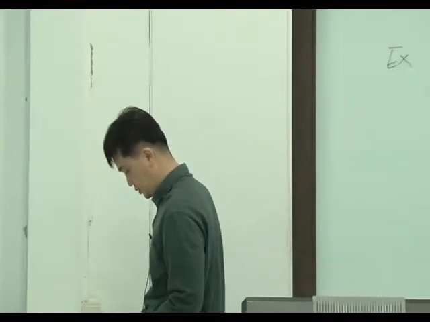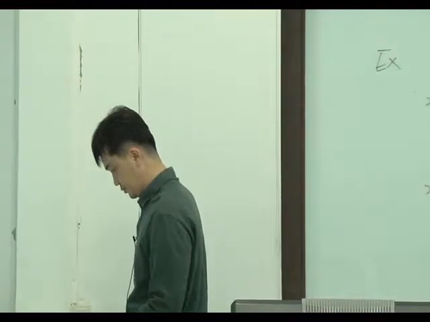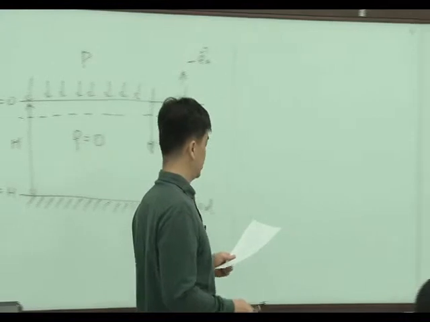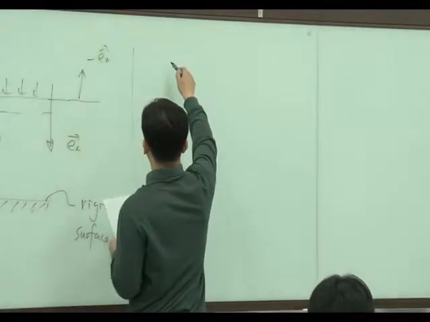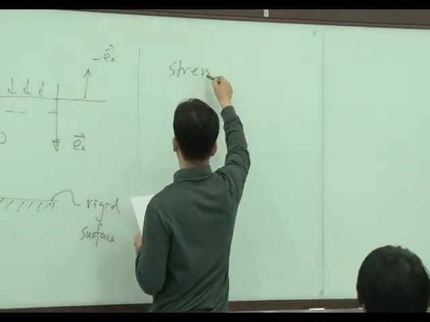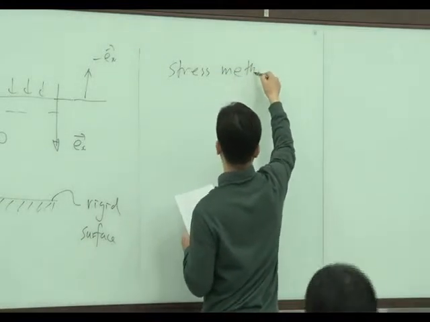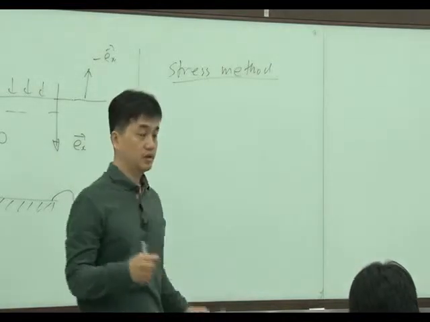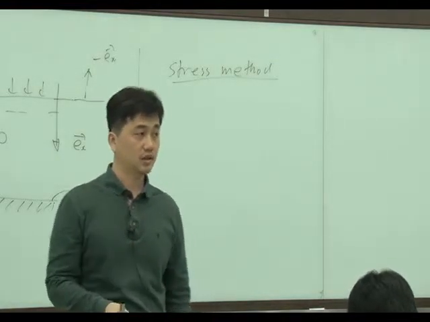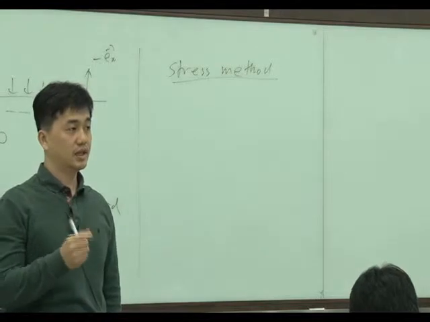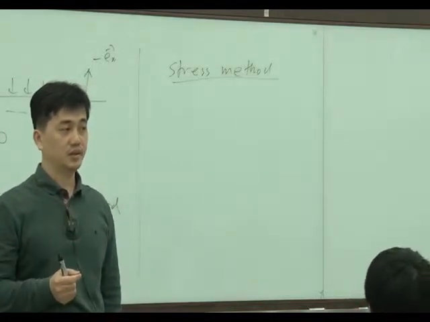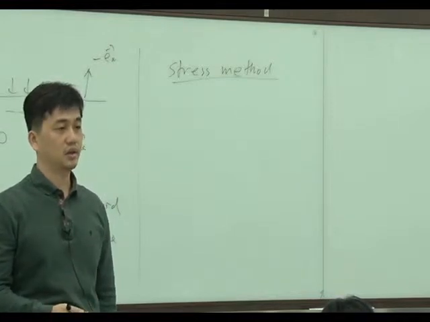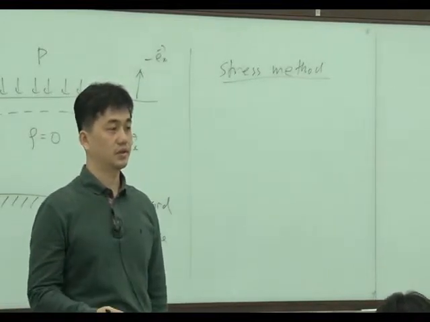Next, the stress method. Same problem, but I'm going to use the stress method. So first of all, we need to find a statically admissible stress field by using the local equilibrium equation and boundary condition.